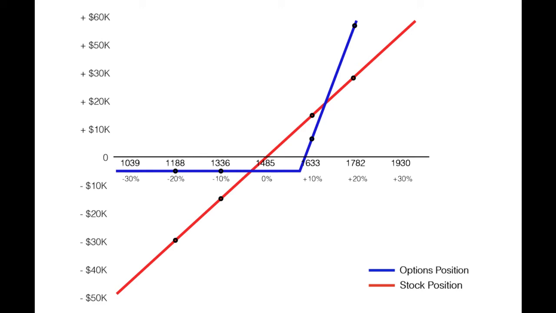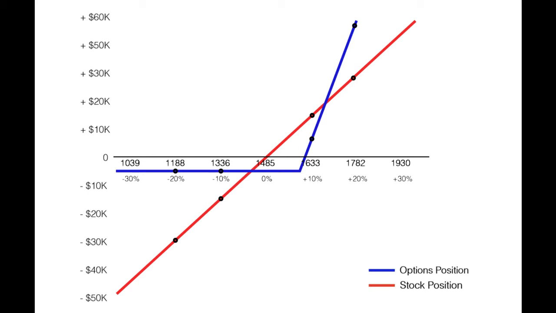But if we look at the options position, we would make $54,600 because each of these options would be worth $18,200. That's almost $25,000 more than we would make with the 100 shares. In fact, you can see that the options position outperforms the stock position on any upward move over 12%.